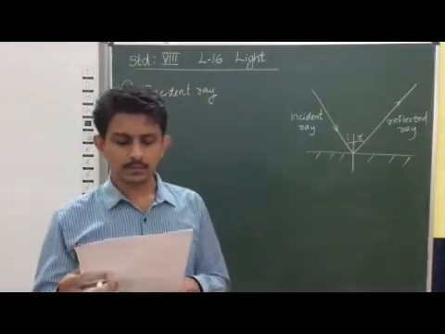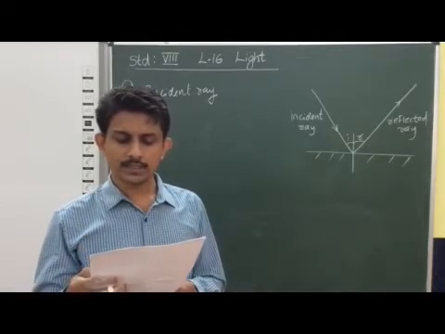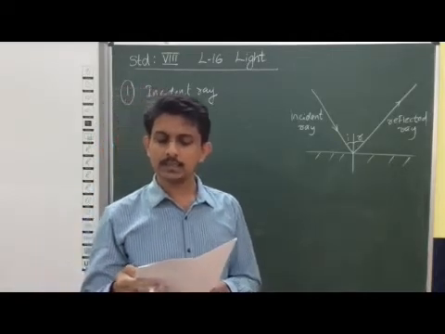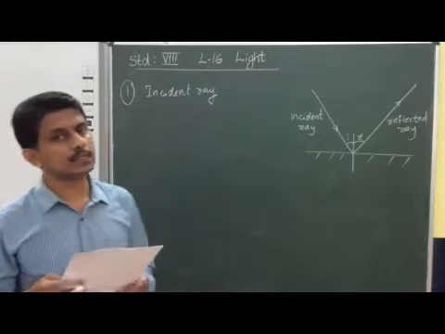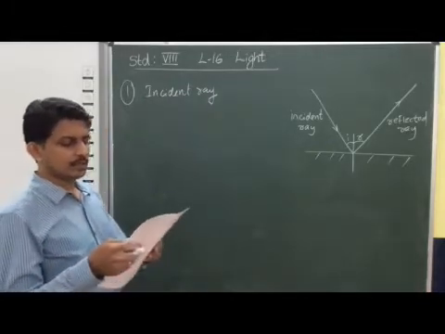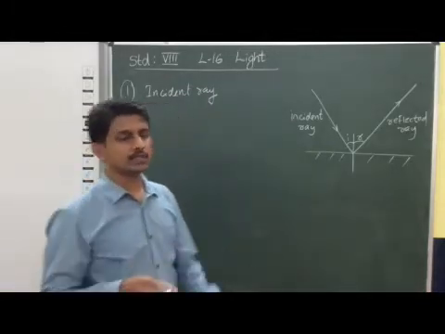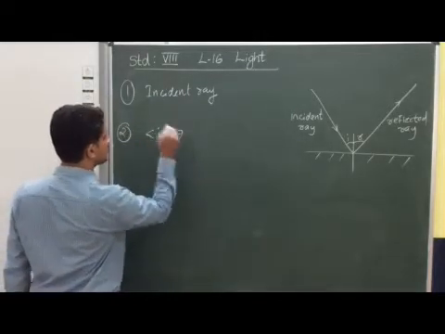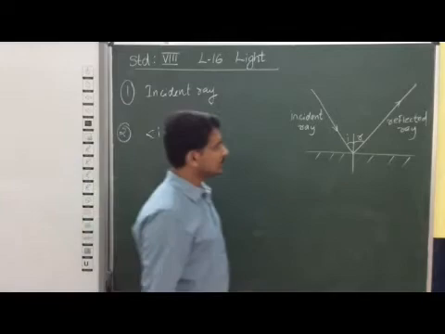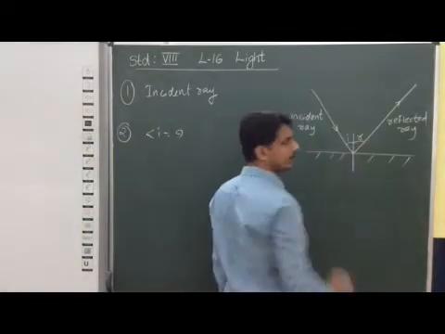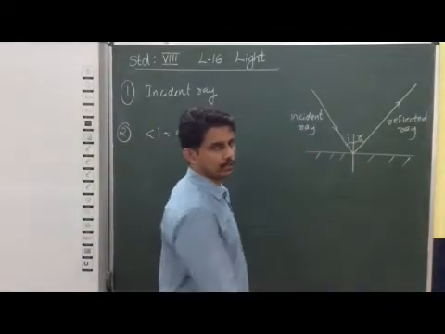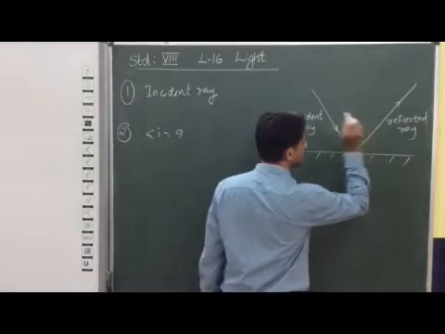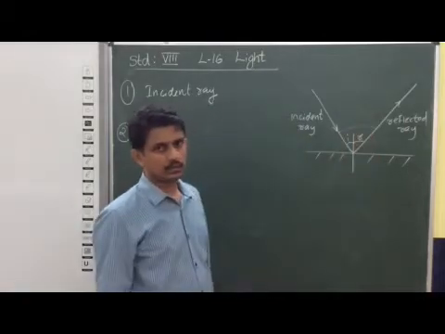Now second question: what is the angle of incidence if the reflected ray is at an angle of 90 degrees with the incident ray? So you have to find the angle of incidence only in this question. The reflected ray makes an angle of 90 degrees with the incident ray, so this total angle is given as 90 degrees.